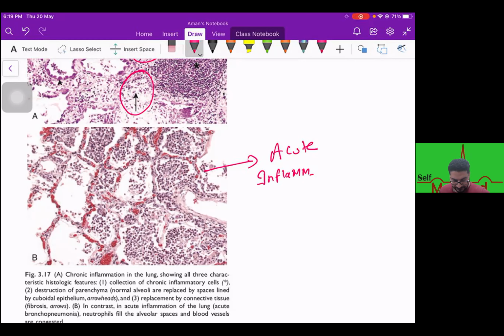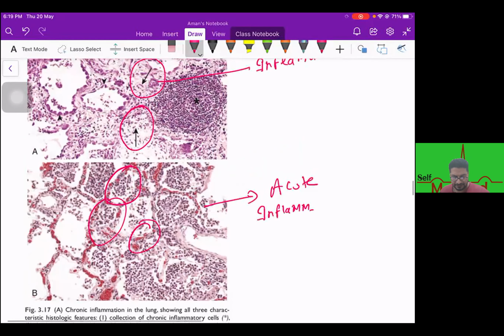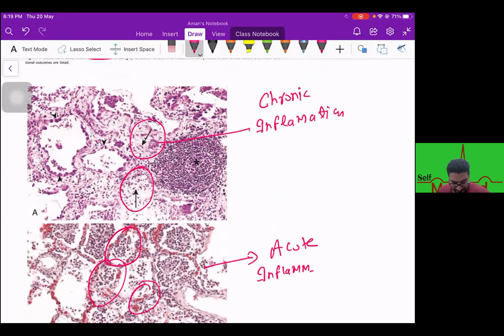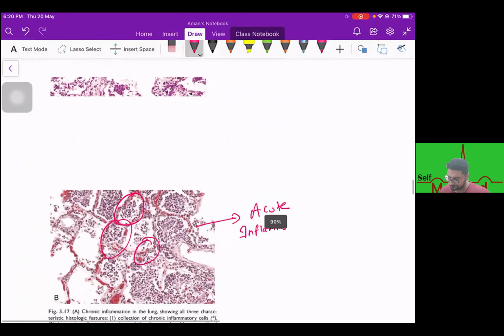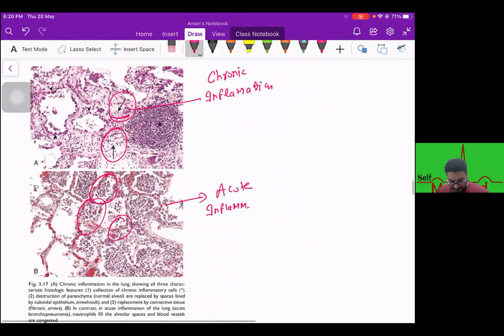In acute inflammation, you will notice neutrophils filling the entire alveolar space and blood vessels. Here you will see neutrophils are fewer, but you will notice some cuboidal epithelial cells that can lead to fibrosis. So there are fewer neutrophils. This is chronic inflammation.